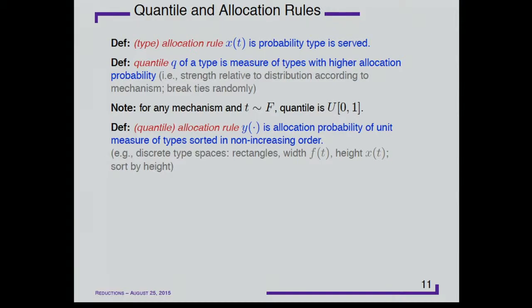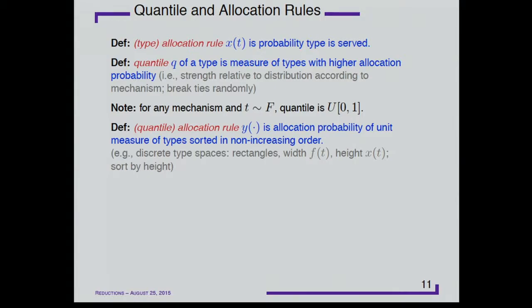Okay, but let's actually think about what that is. The allocation rule in quantile space is, if you take the allocation probabilities of the types and you sort them in decreasing probability with widths equal to the probability they show up, then you get this allocation rule in quantile space.